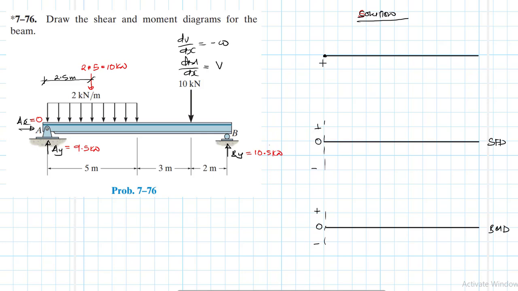This point here is A and this point here is B. We have a reaction here of 9.5 kilonewtons, and then another one there of 10.5 kilonewtons.